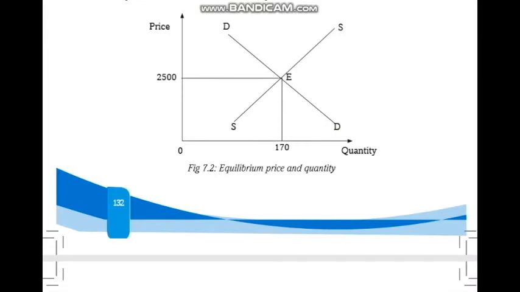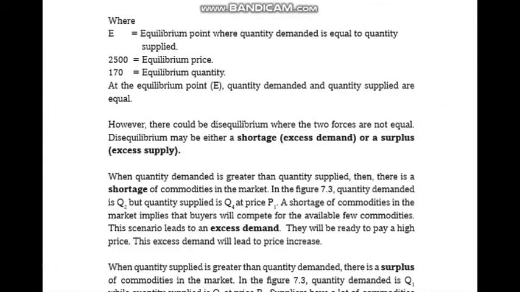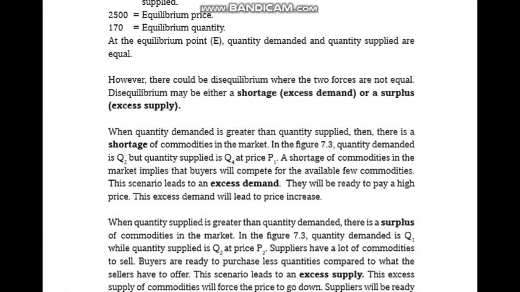Now, this is a graph that shows equilibrium price and quantity. So now this point E shows equilibrium, where quantity demanded is equal to quantity supplied. 2,500 is the equilibrium price, 1,700 francs is the equilibrium quantity.